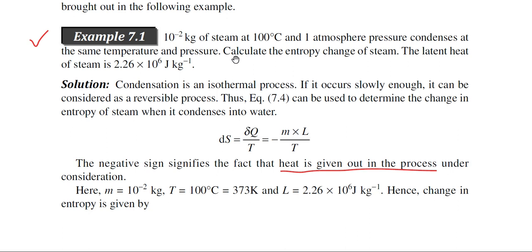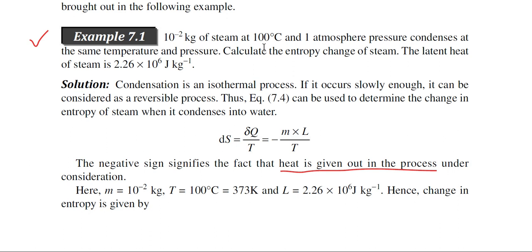Now, you see that this is 10 to the power minus 2 kg of steam that condenses at the same temperature, that is at 100 degree centigrade. We know the temperature of the steam is 100 degree centigrade, and at this particular temperature the condensation process occurs. So, during the condensation process how much heat is evolved?